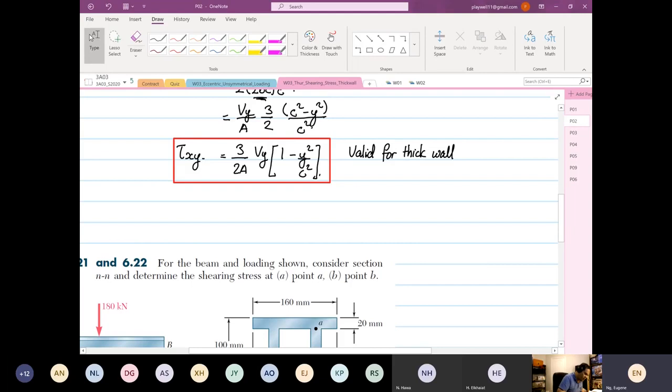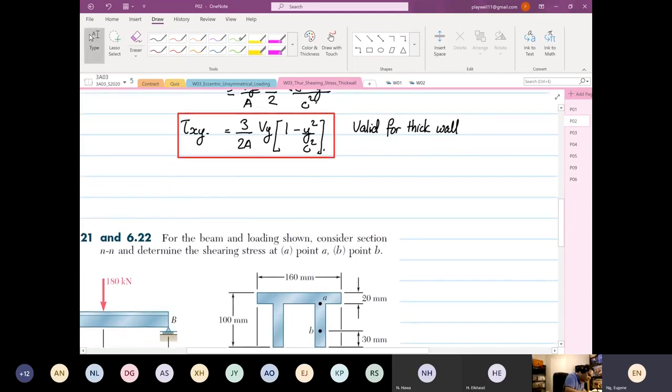You can see this expression is always going to be less than 1. So tau max, the maximum this expression can have, is 3 Vy over 2A, and it will only occur when Y is equal to 0.